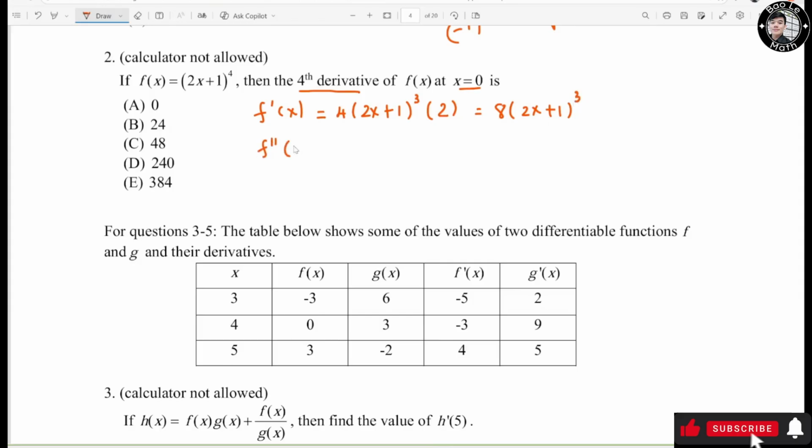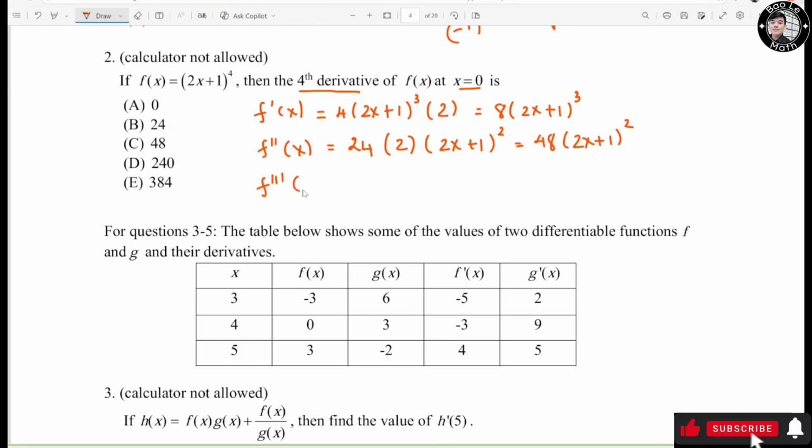Now, f double prime of s equals 3 times 8, which is 24, times the derivative of 2s plus 1, which is 2, times 2s plus 1 to the power 3 minus 1, which is 2. So it's 48 times 2s plus 1 squared.